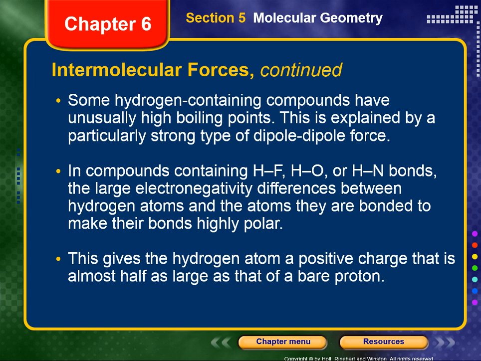In compounds containing hydrogen to fluorine bonds, oxygen to hydrogen bonds, or hydrogen to nitrogen bonds, the large electronegativity differences between hydrogen atoms and fluorine, oxygen, or nitrogen atoms make the bonds connecting them highly polar. This gives the hydrogen atom a positive charge that is almost half as large as that of a proton.